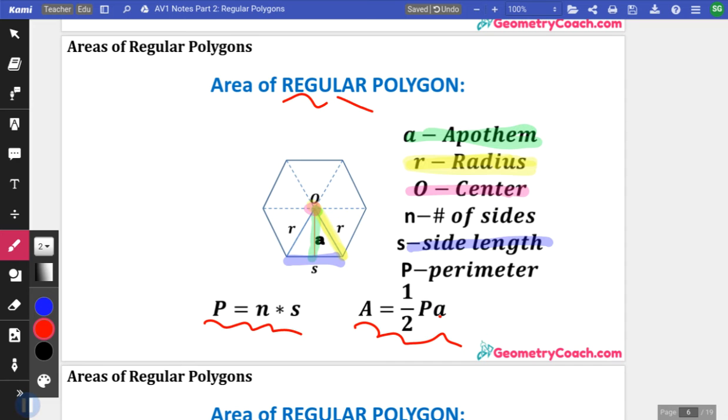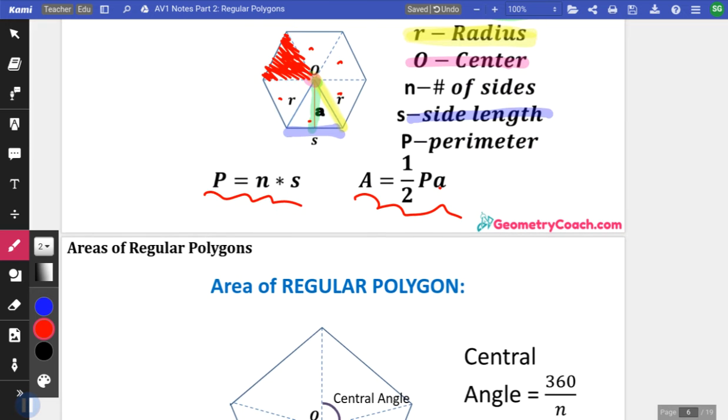Now, the other way to find area of these regular polygons is to just focus on each of these individual triangles. If you can find the area of one triangle, then you can multiply it by 1, 2, 3, 4, 5, 6 in this case, and find the area. Because it's regular, all of those triangles are going to be the same.